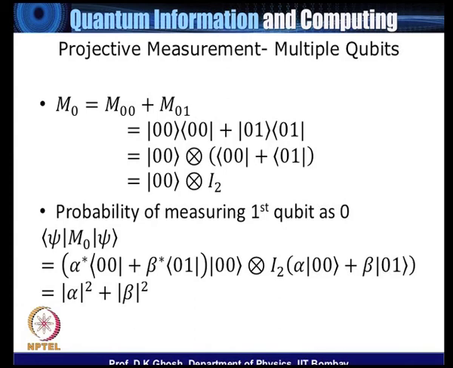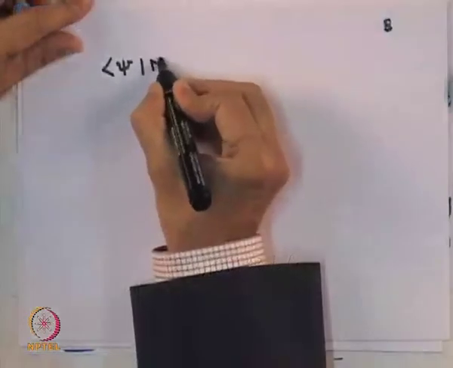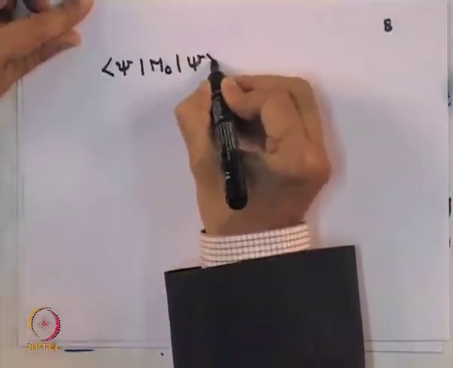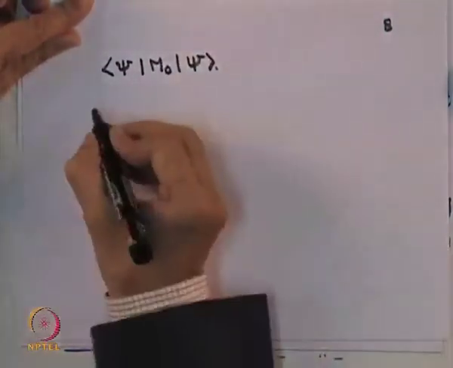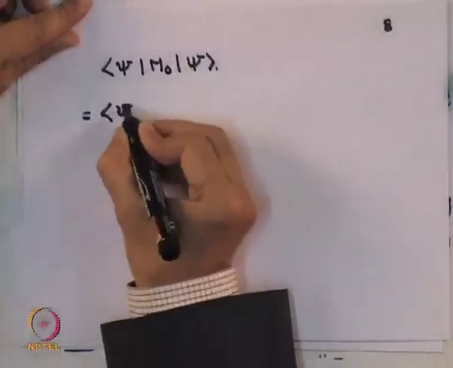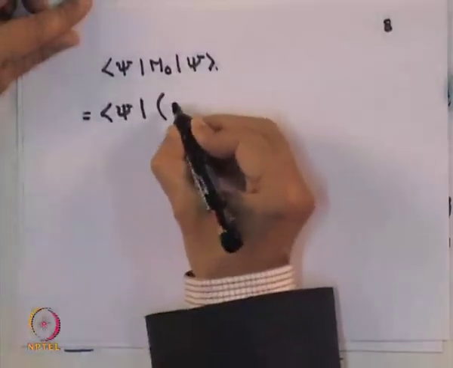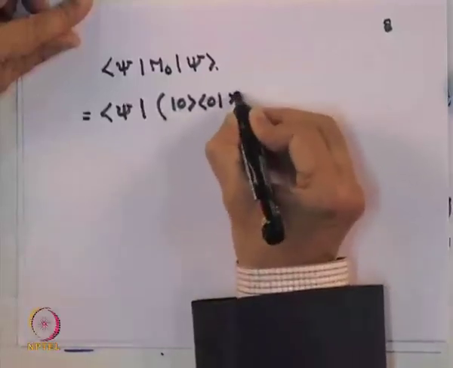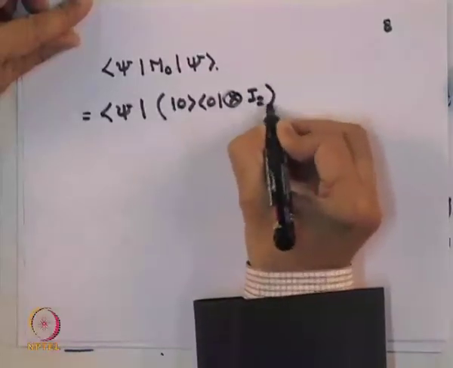So I need <psi|M0|psi>, that's only the first qubit. And we have already seen that this is <psi|(|0><0|)|psi>.